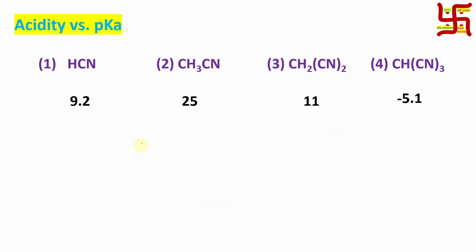Now if you look at acidity, then you need to know the pKa value. pKa is minus log base 10 of the concentration of H plus. This is the expression of pKa. If an acid HA dissociates into H plus and A minus, and the dissociation is more, then it is considered a strong acid.